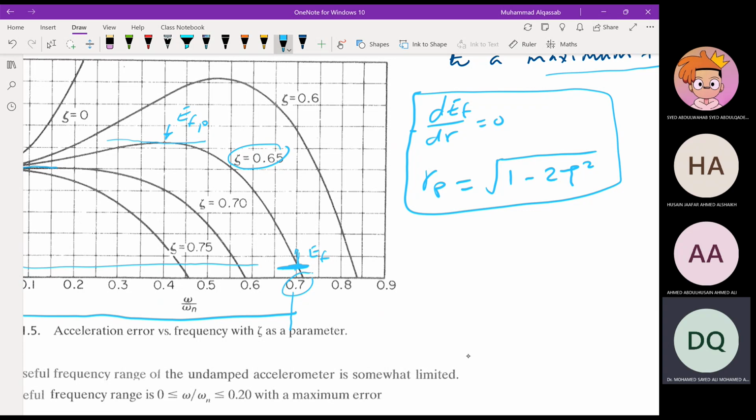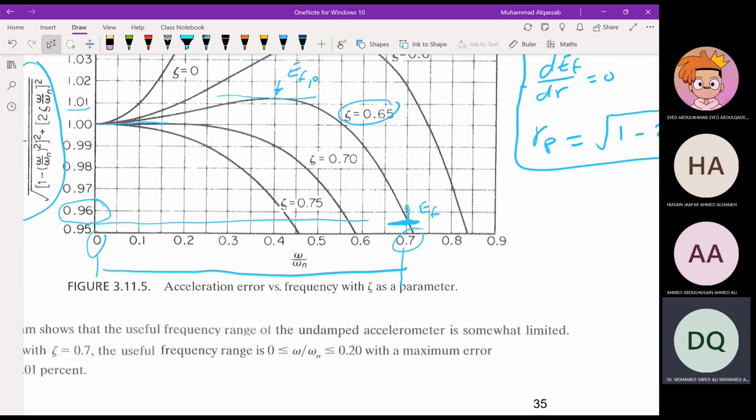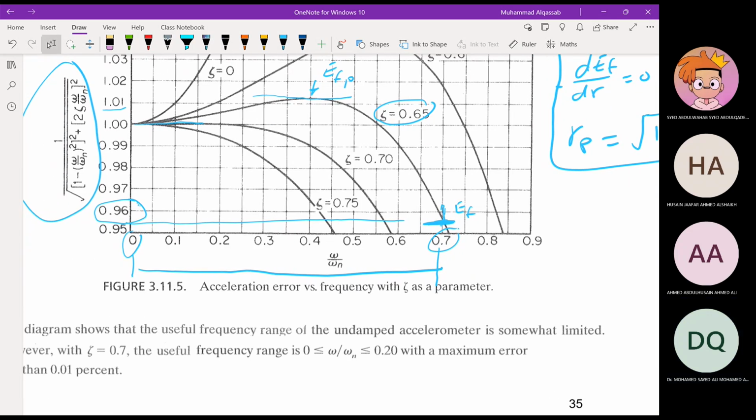So you can first calculate R peak, then substitute in the error factor and find its value, and also substitute in the error factor at R equal to 0.7 and compare to find the maximum. So this is the way to calculate the maximum error if the range is given.